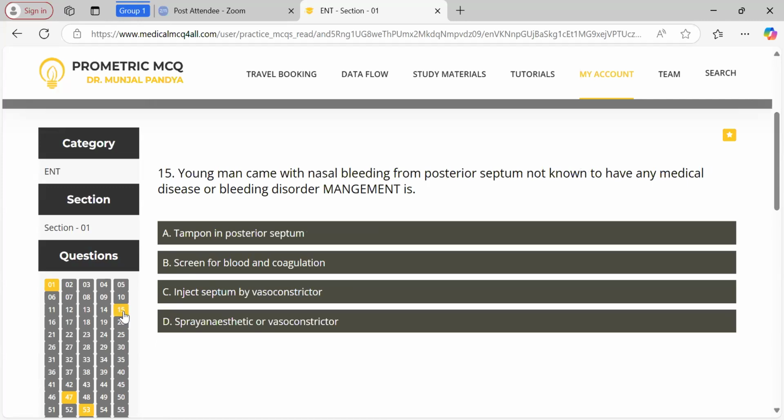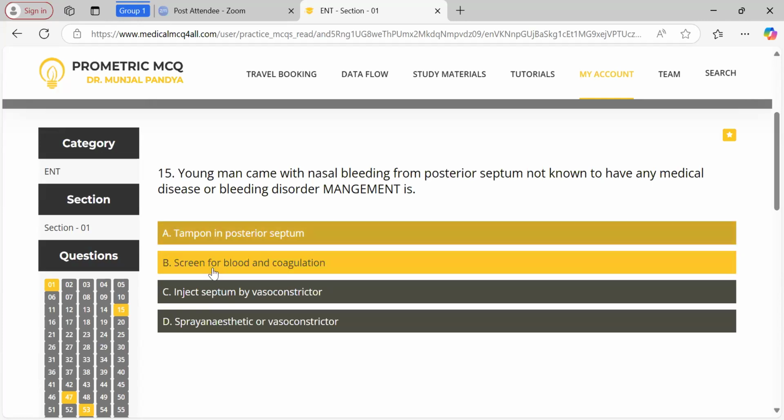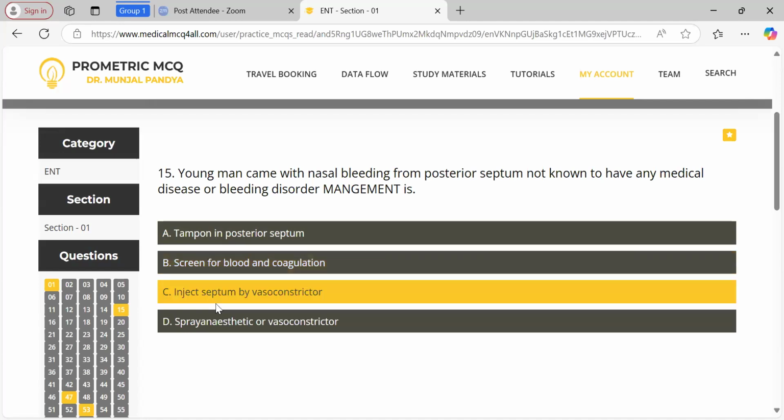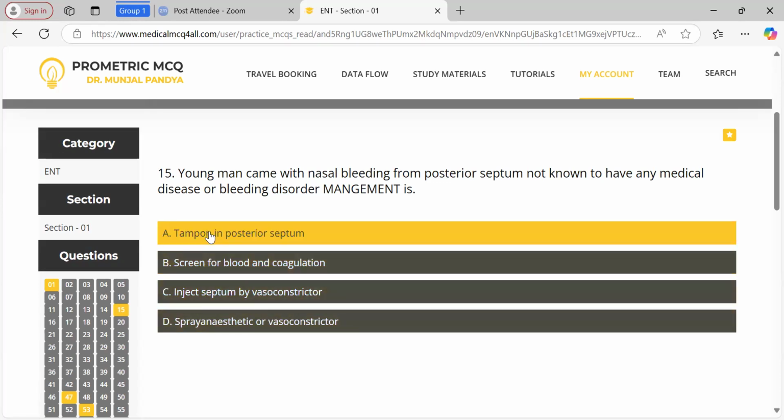A young man with nasal bleeding from the posterior septum, not known to have any medical disease or bleeding disorder. What is the management? Posterior epistaxis. Ma'am, A, tampon in posterior septum. Injection and all will come later. First try packing tampon in posterior septum.